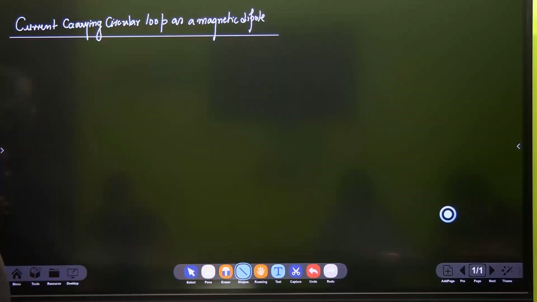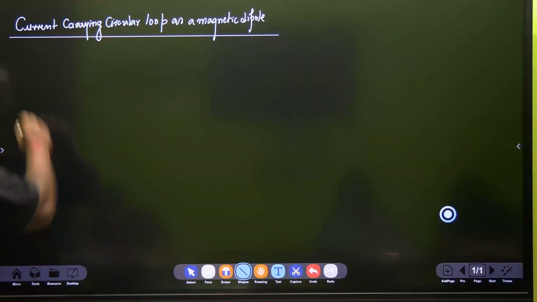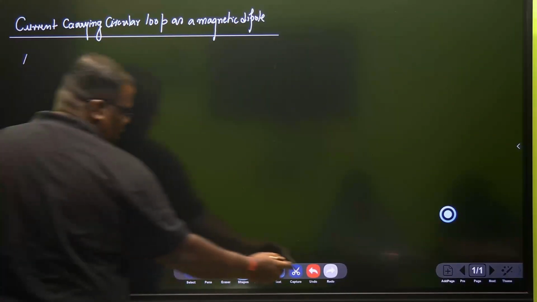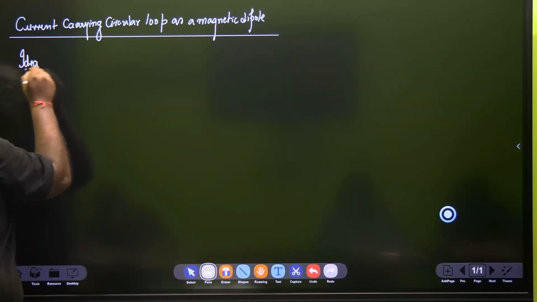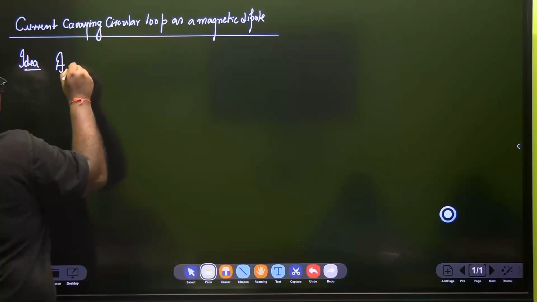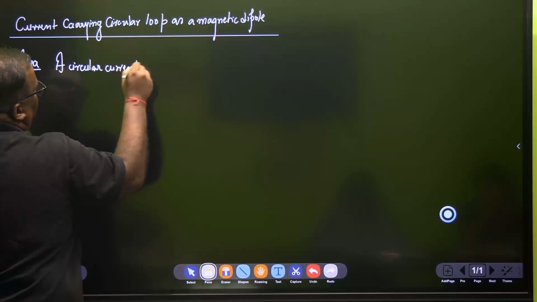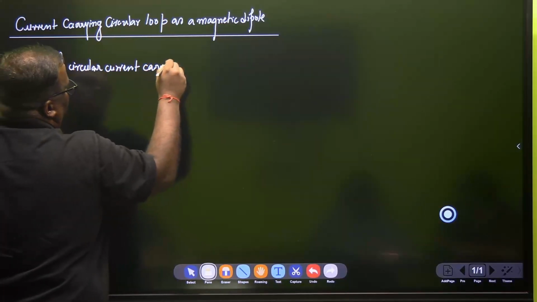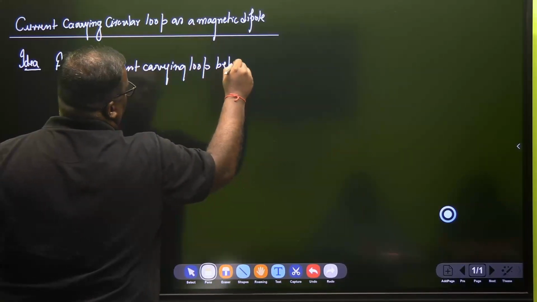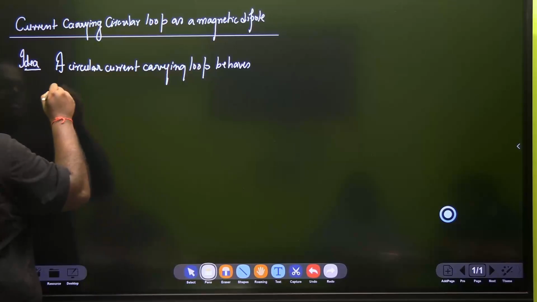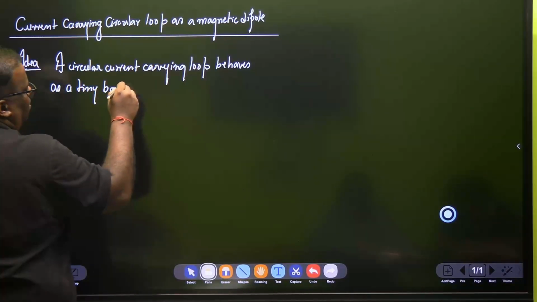I'm not writing that statement that you write. The idea is: a circular current carrying loop behaves as a tiny bar magnet.